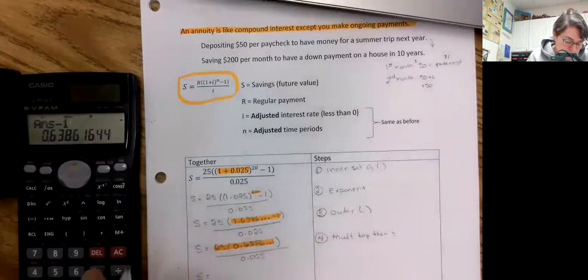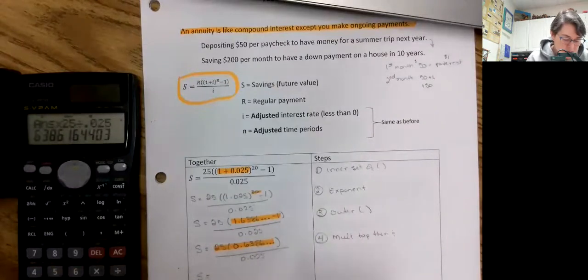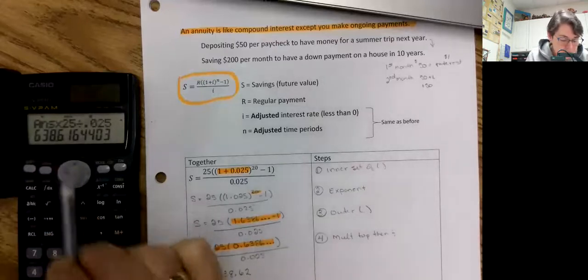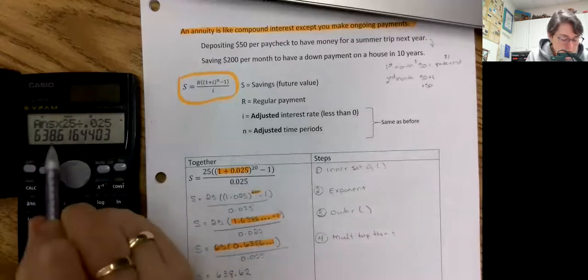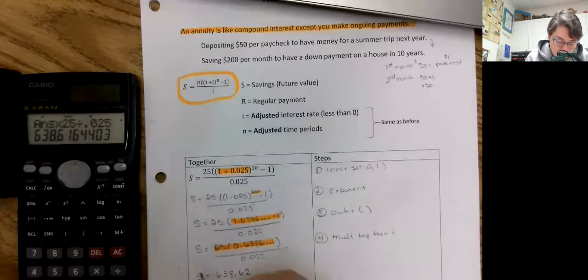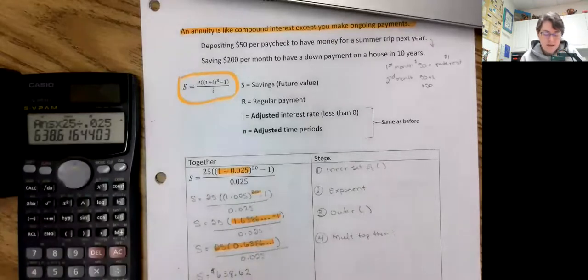So I'm going to multiply by 25, and then I'm going to divide by 0.025. S is equal to 638.62. So this 6 makes that into a 2. So there we go. Ta-da!